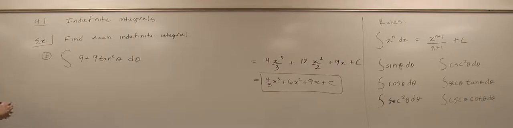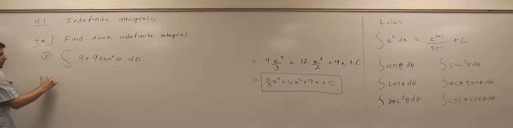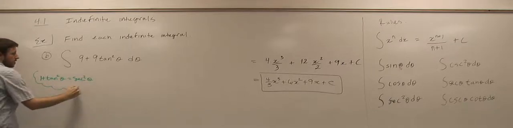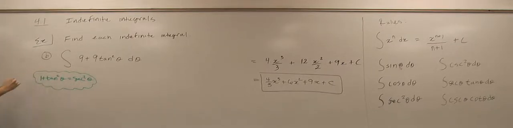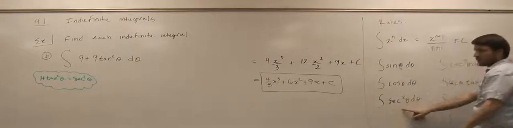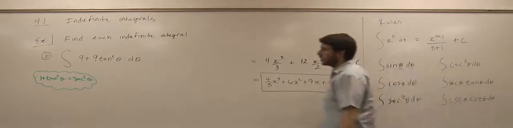What's floating around in my head is that I know 1 plus tan squared theta equals secant squared theta. This is one of my Pythagorean identities from trig. So if I can apply this, I can get a secant squared theta, which I know the integral of.